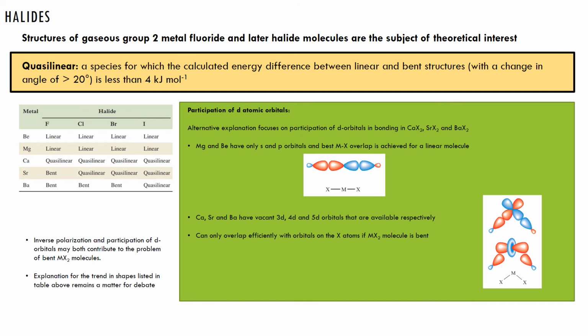Whereas calcium, strontium and barium have vacant 3d, 4d and 5d orbitals, and they are available for participation in bonding, and they can only overlap efficiently if the orbitals on the X atoms are in that bent conformation.